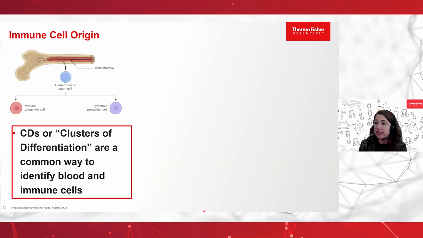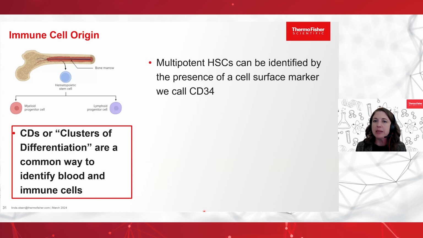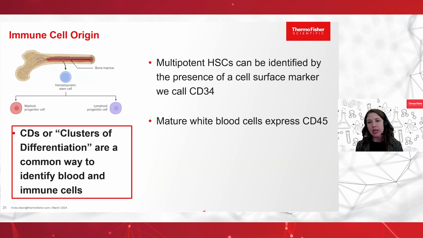These are markers on the cell that we can probe for to identify which cell we're dealing with. So, multipotent HSCs can be identified by the presence of a cell surface marker that we call CD34. Mature white blood cells are already differentiated into whatever they're going to end up as. They have progressed past the stem cell phase. They express CD45 and no longer express CD34.